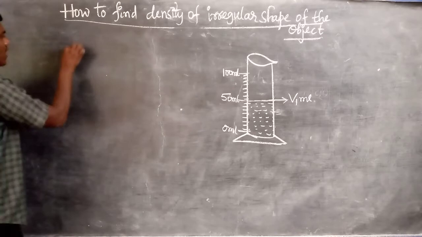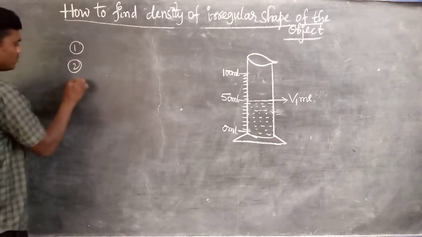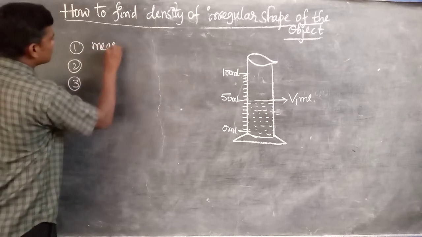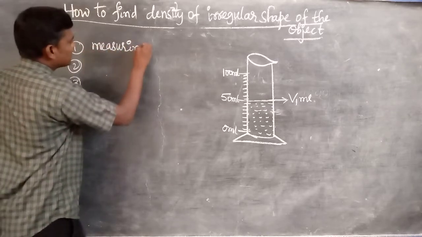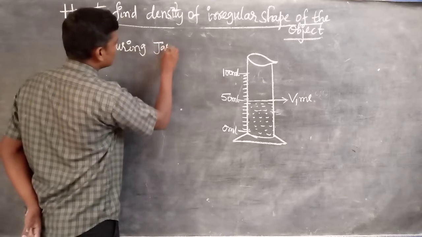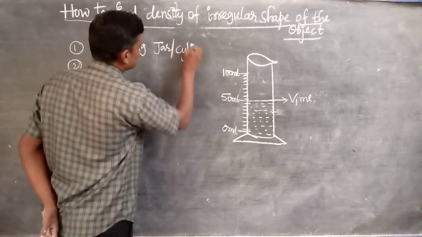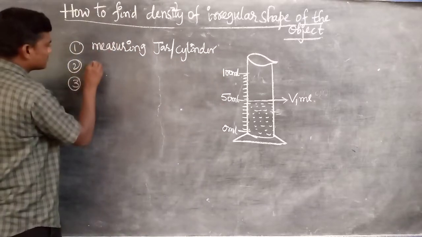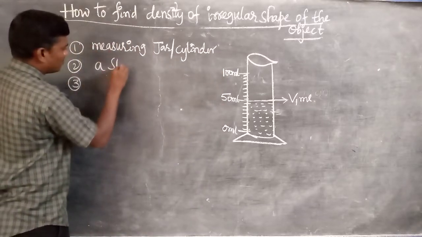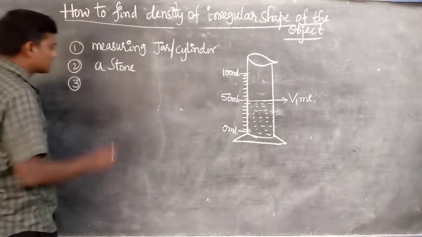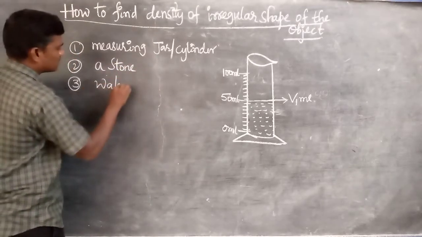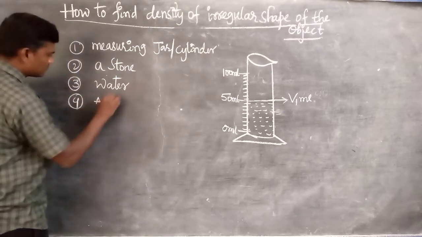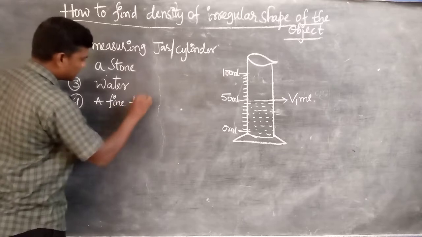The materials required to conduct this activity are mainly a measuring jar or measuring cylinder, a stone, which is an irregular shaped object, water, and fine thread.